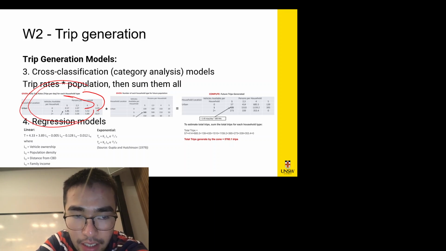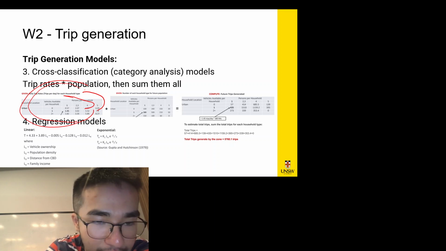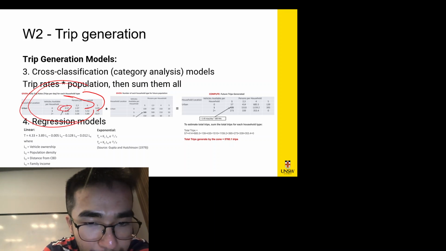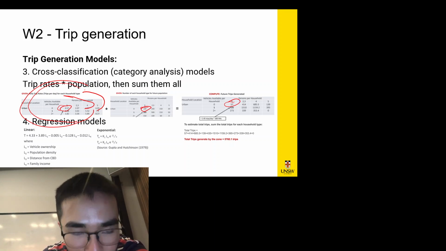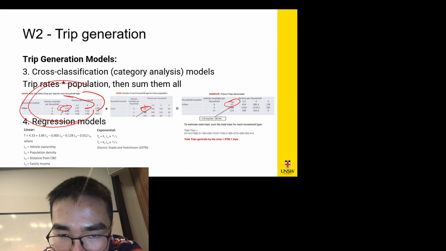That's a rate. You multiply that by the population, right? So in this case, 0.57 times 100 will give you 57. Okay, so that's future trips generated based from the trip cross classification model for that particular situation. So for that particular situation, 0 vehicles per household, but with 1 person per household, that's 57, right?